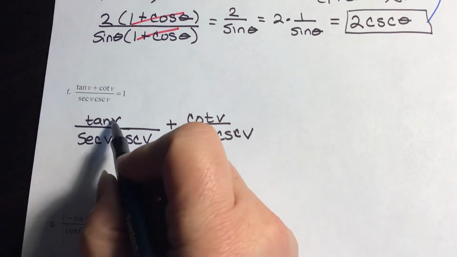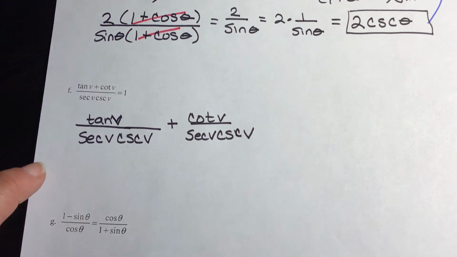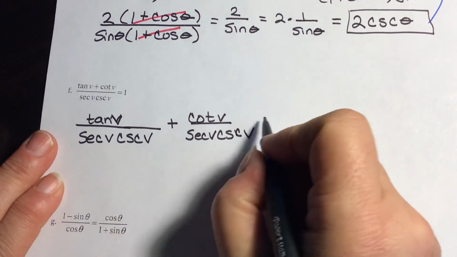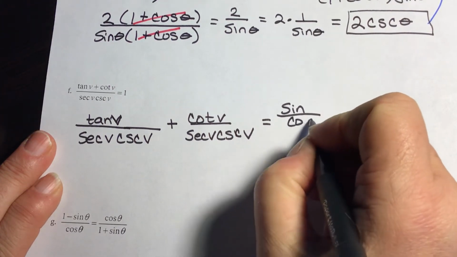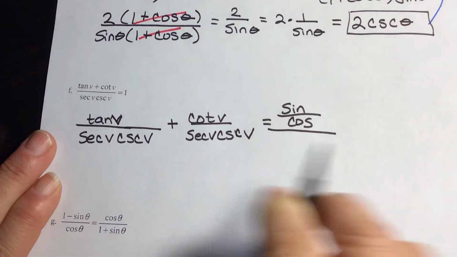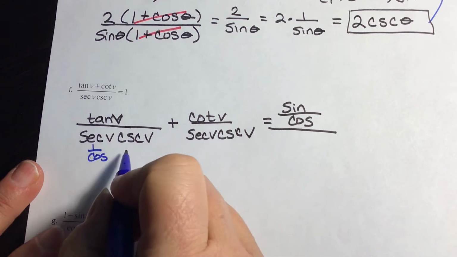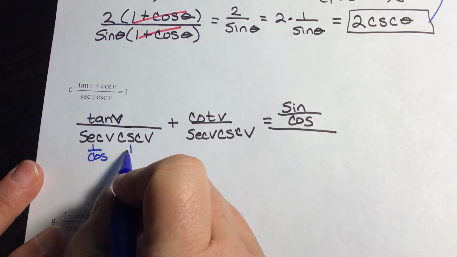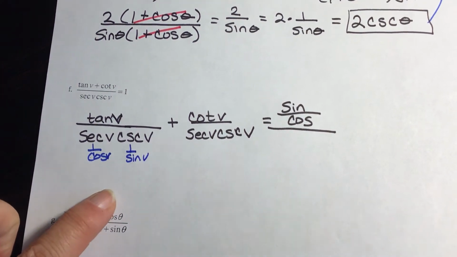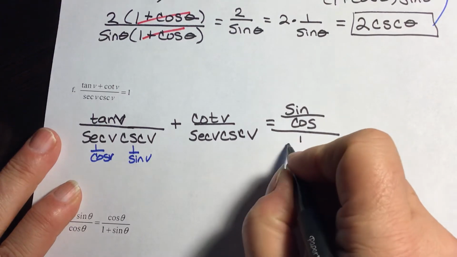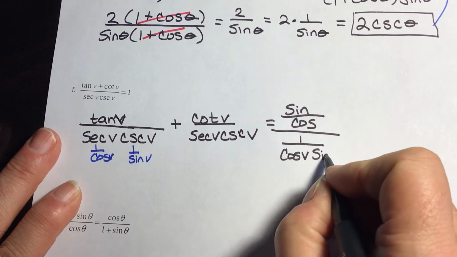I'd much rather use just a theta. But now let's think in terms of sine and cosine. So tangent, I know, is sine over cosine. And on the denominator, I know secant is 1 over cosine, and cosecant is 1 over sine. So I'm going to divide this by 1 over cosine of v sine of v.